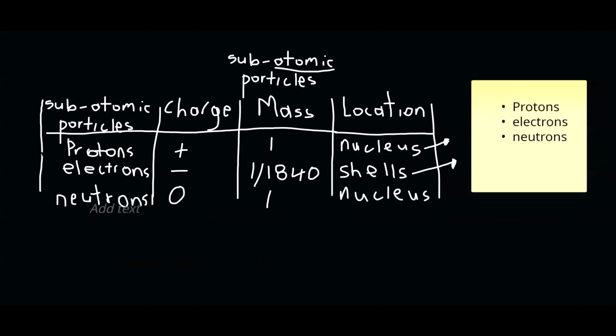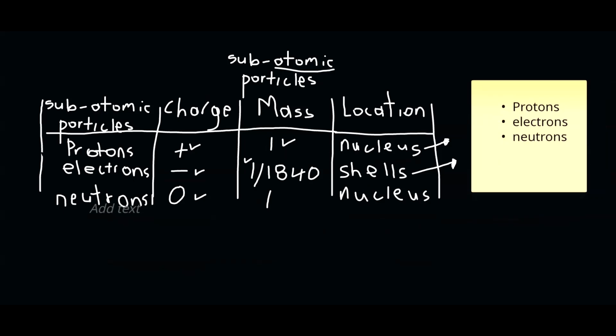The charge on proton is positive, electron negative, and neutrons are neutral. As it relates to the mass, protons have a mass of 1, electrons are very light, the mass of an electron is 1 over 1840, and neutron, the mass on that is 1.